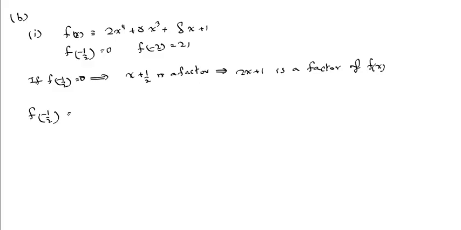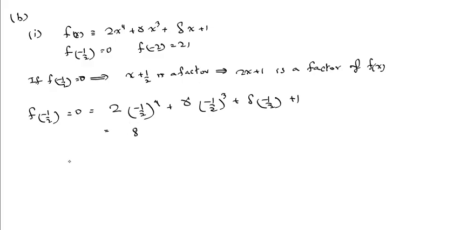So f(minus half) is 0, which equals 2 times (minus half) to the power 4 plus gamma times (minus half) to the power 3 plus delta times minus half plus 1. I made a mistake here. 2 times (1/16) is 1 over 8. Minus gamma over 8.